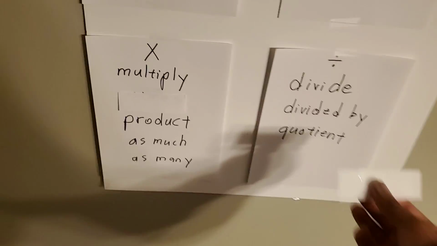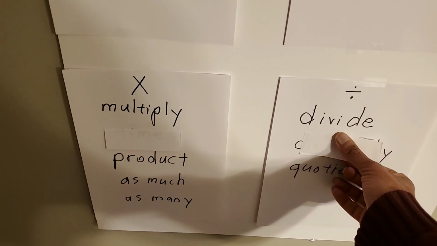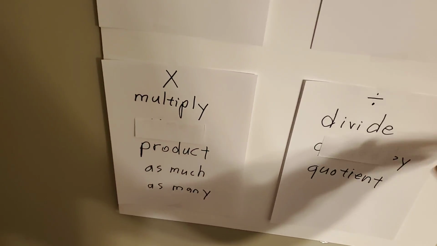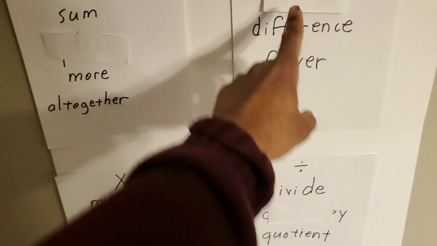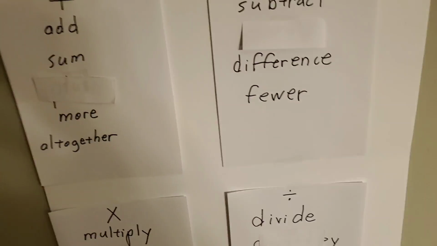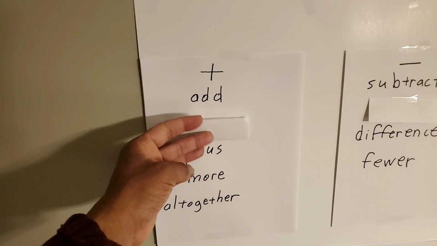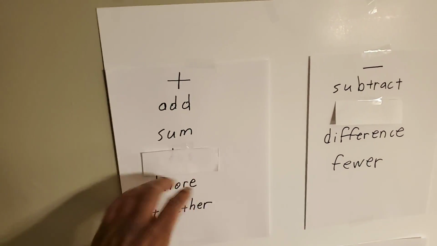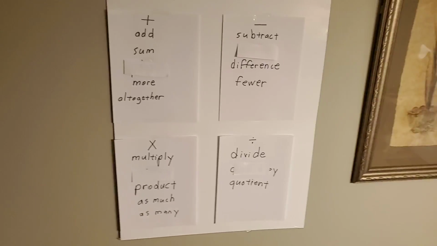And we're going to take away divided by. Why? Because these words I've taken away pretty much match up with the symbols. If I say plus, that's the same as our symbol. So we're going to take those away for a minute.